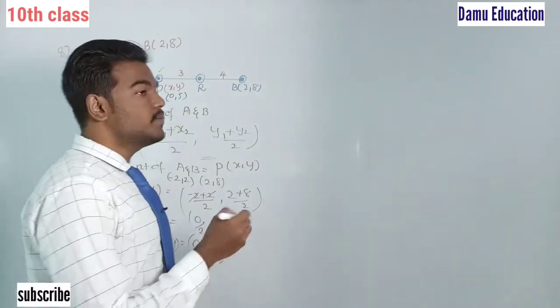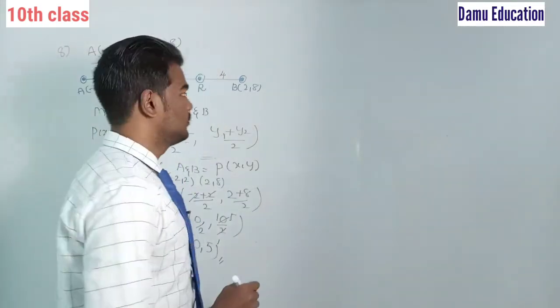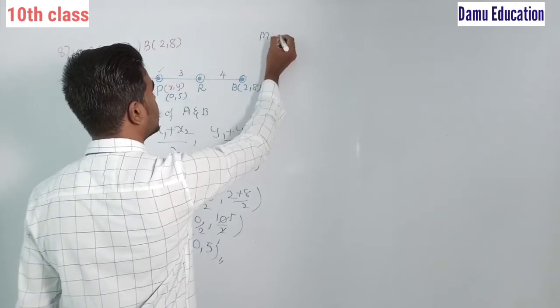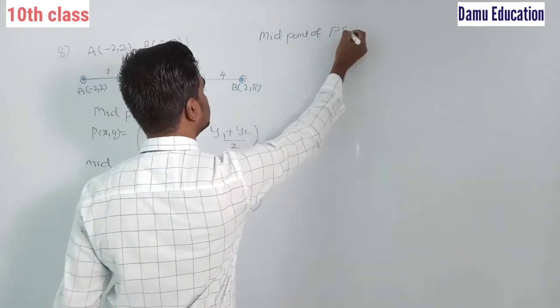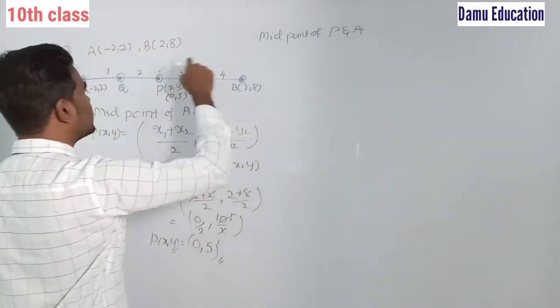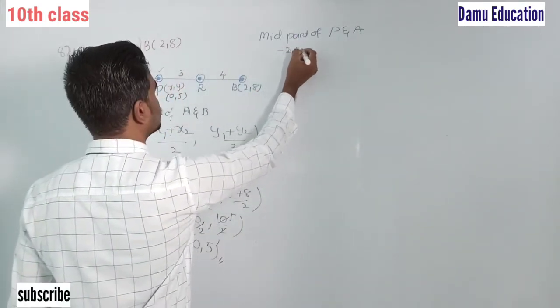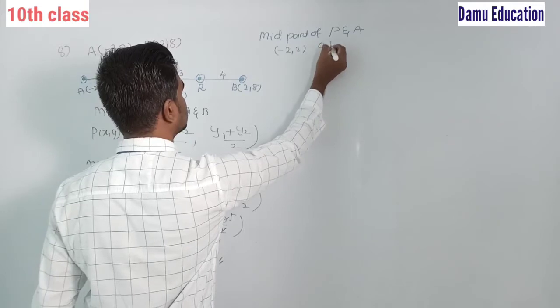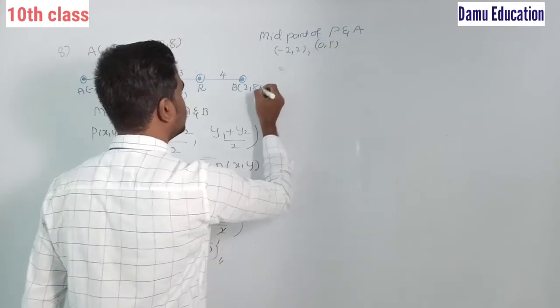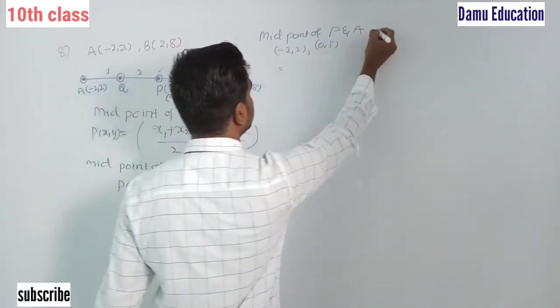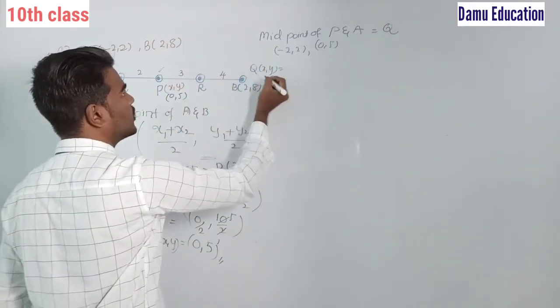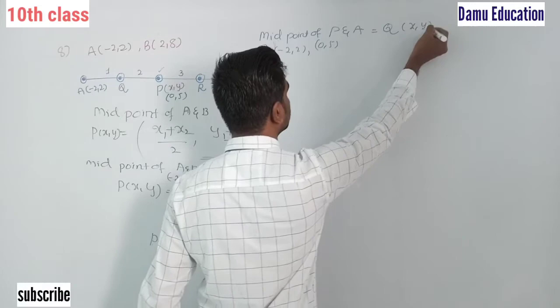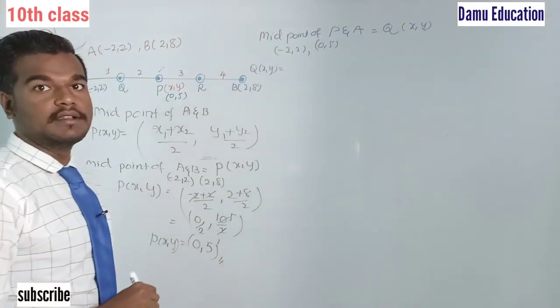Then again, the midpoint of P and A. A is minus 2 comma 2 and P is 0 comma 5. The midpoint of P and A is Q of x comma y.